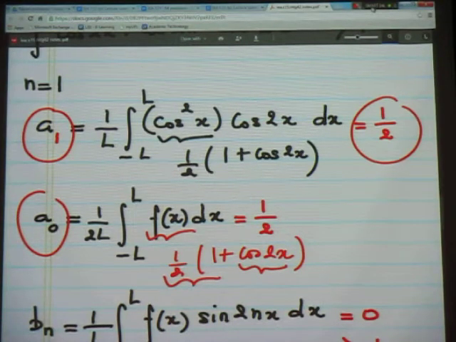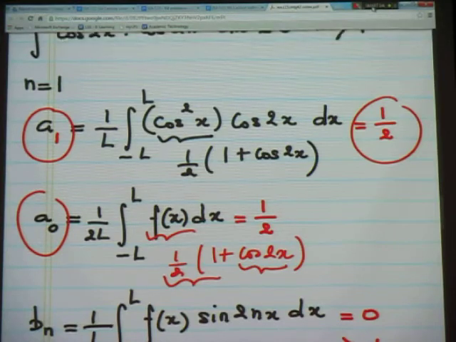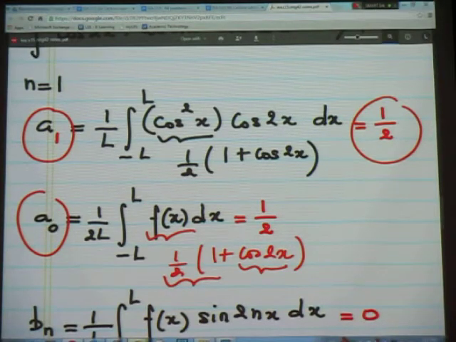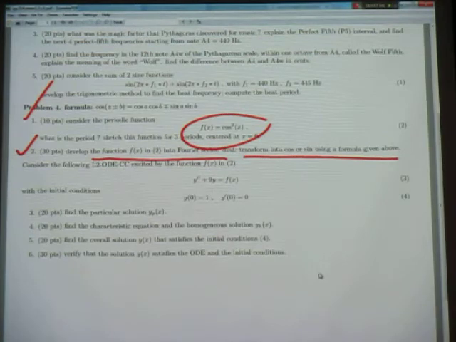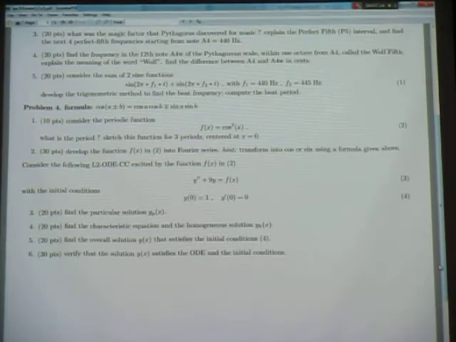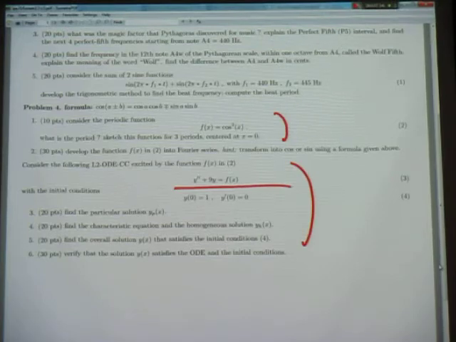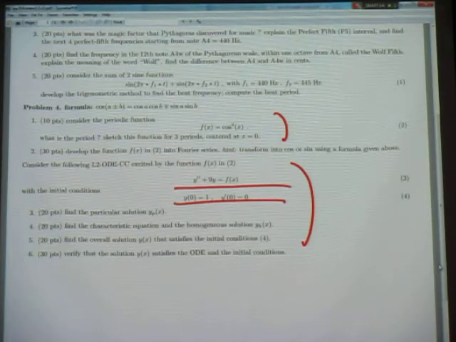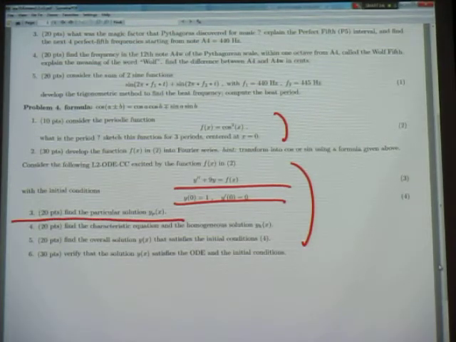Okay, so once you have the Fourier series, the next question would be to apply that as excitation to this scalar ODE, right, with simple initial conditions, right? So the first question is to find the particular solution, okay?